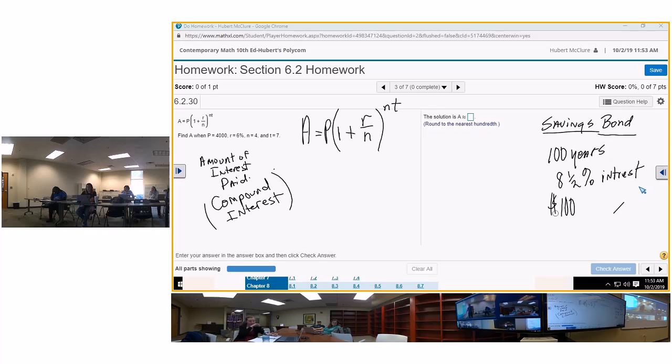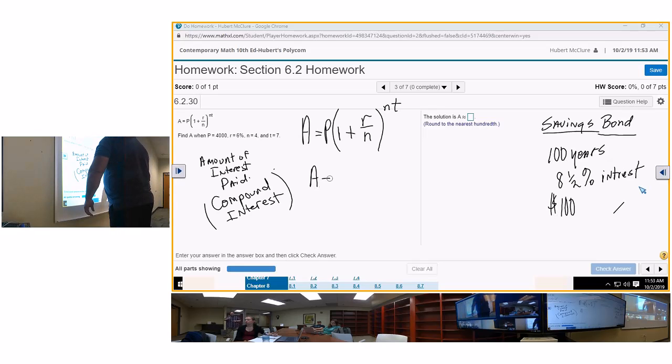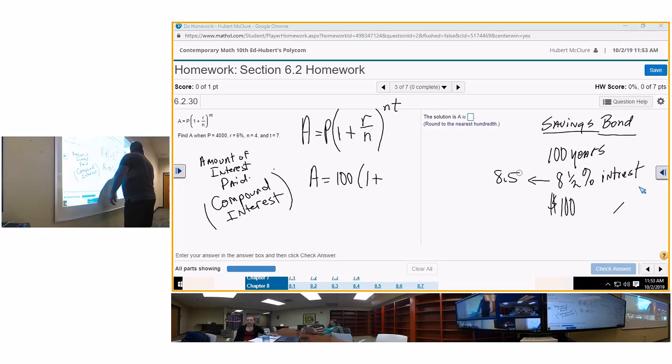Well, plug it through here. A is equal to 100. That's the principal. That's what was paid in. 1 plus R, this right here, is 8.5, which is what? 0.085.